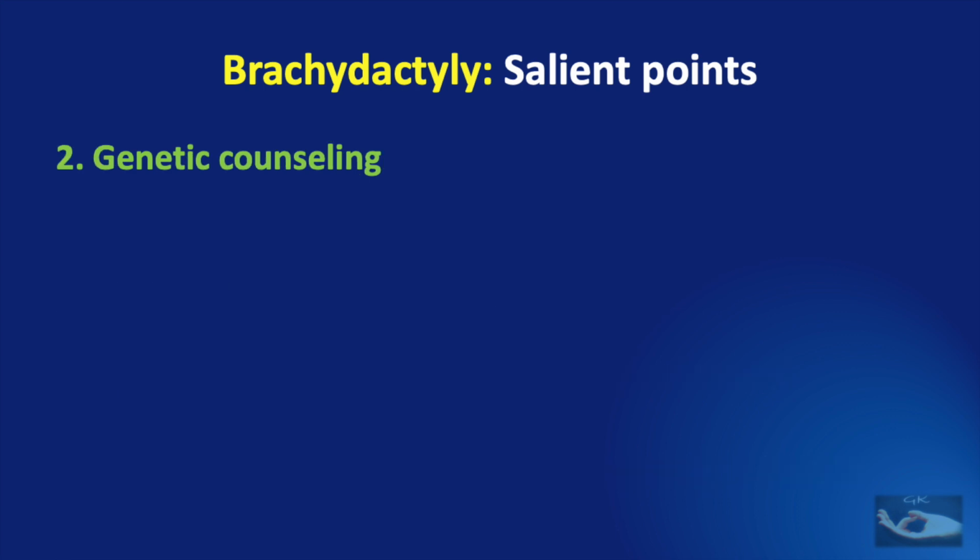The second important point to be considered is genetic counseling. The nature of genetic counseling depends both on the pattern of inheritance of the type of brachydactyly present in the family and on the presence or absence of accompanying symptoms.